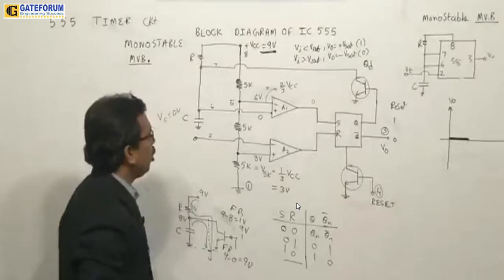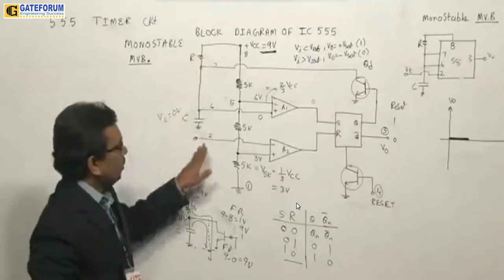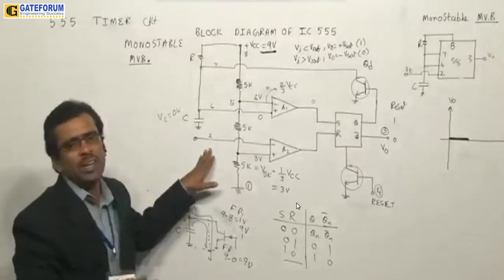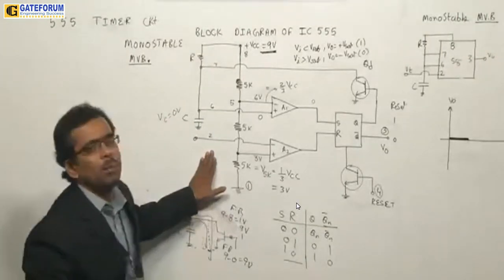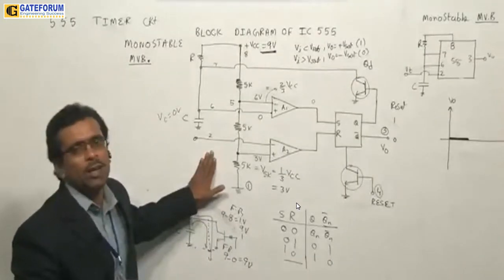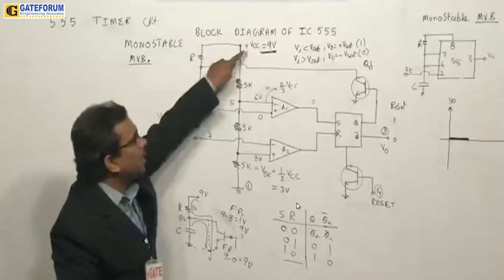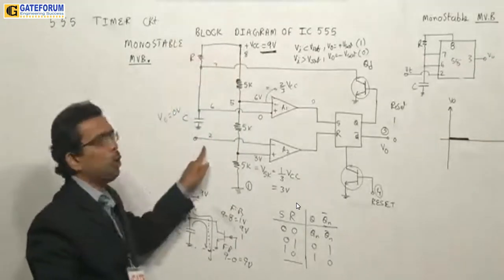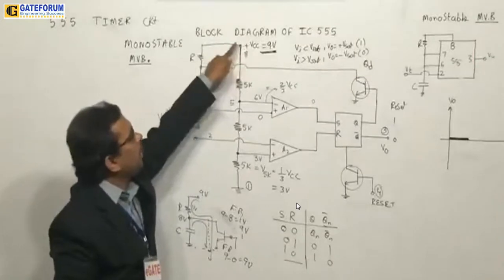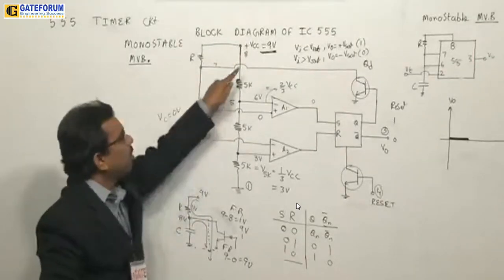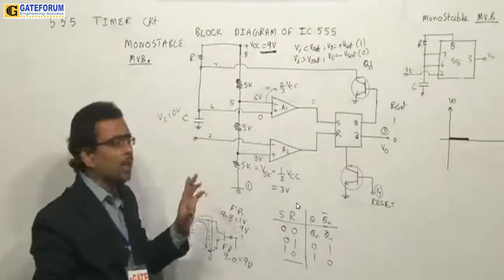Now there is a point everyone should note. At this pin number 2 you don't find any connection, which they don't show, because this is an integrated circuit. They show the minimal components in the circuit to understand easily. So there will be an internal connection from VCC to this pin number 2.